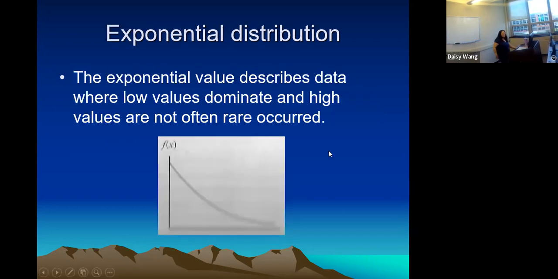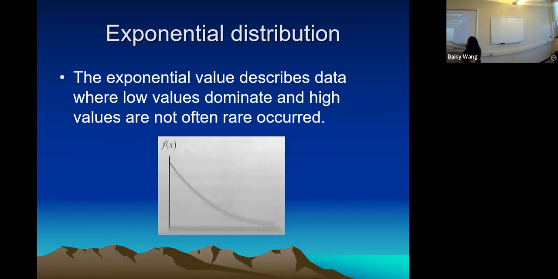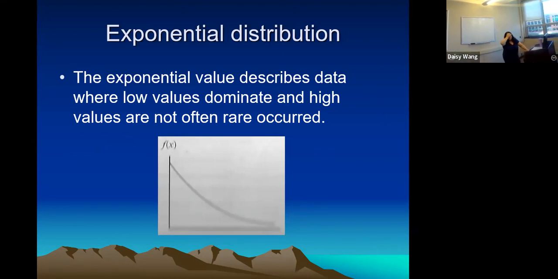And exponential, like I mentioned, is usually when we have a lot of low value data. The frequency of low values is high, and the frequency of high values is low. That's the exponential, okay? That's the opposite of, what was the second one from last week?